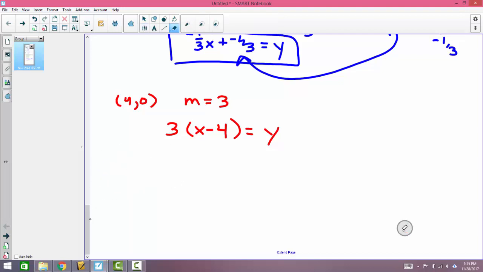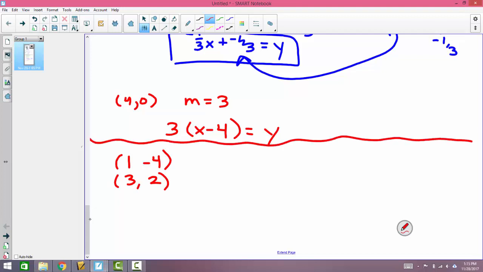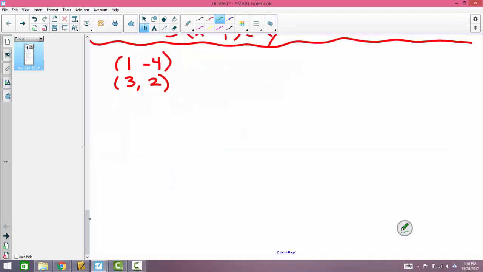This should be a negative 4. And then you're going to plug both points in and see if they both give you the same equation. So go ahead and find slope and write the point slope form. You can hit pause and play when you're done.